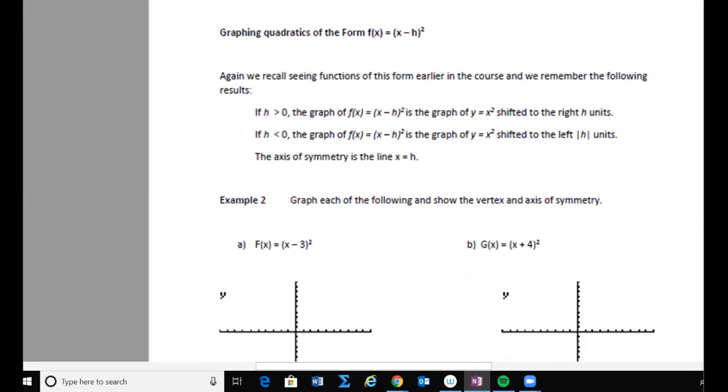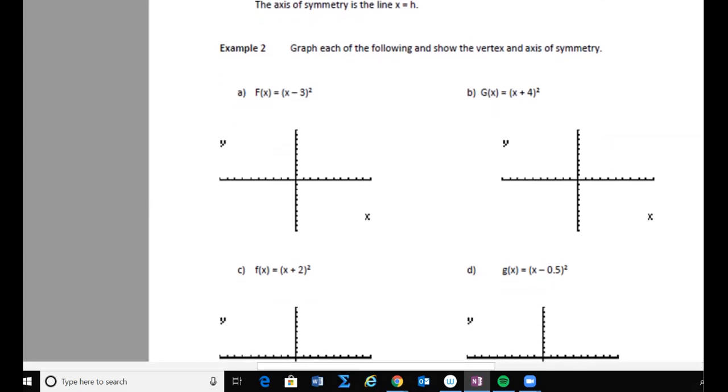Now, when the quadratic is in this form, we remember from some of the work that we've done with these that this turns out to be a graph of x squared shifted to the right h units. When h is less than 0, then it's going to go left h units. The axis of symmetry is the line x equals h. So let's take a look at that.